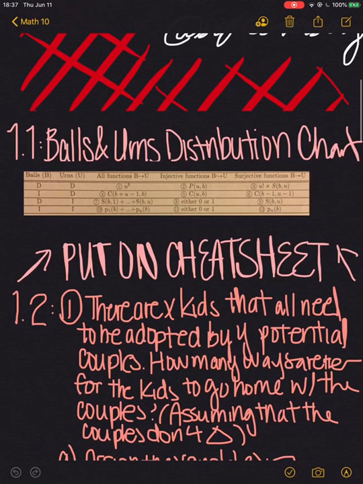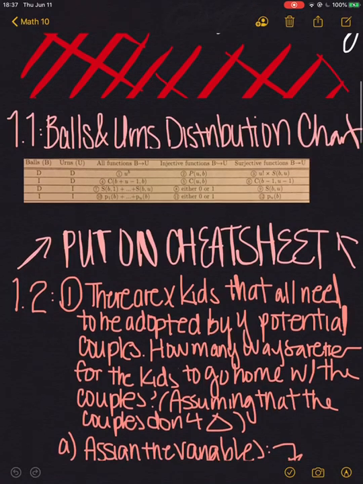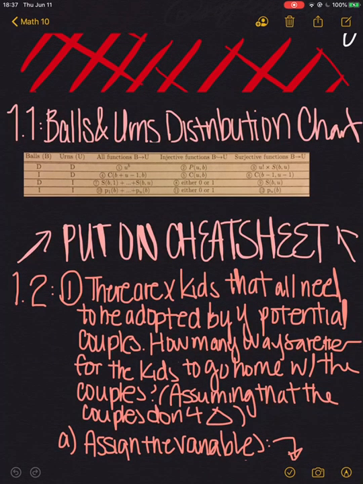I know that we haven't talked about counting or combinations or permutations in detail yet, but I have full faith that you will, with the previous video that I uploaded, be able to understand it. The first step that usually helped me solve these types of problems was to categorize the problem, and in this case, assign the variables.